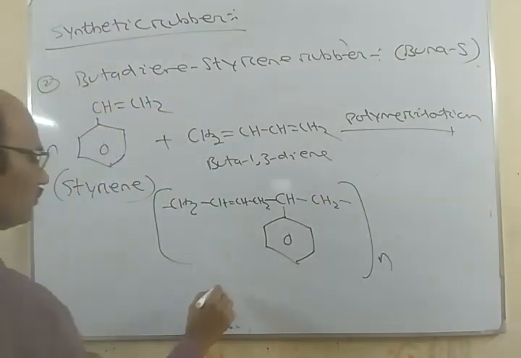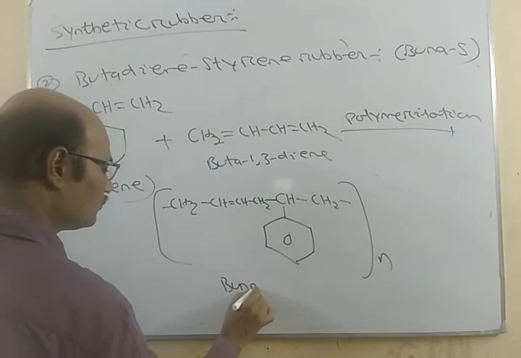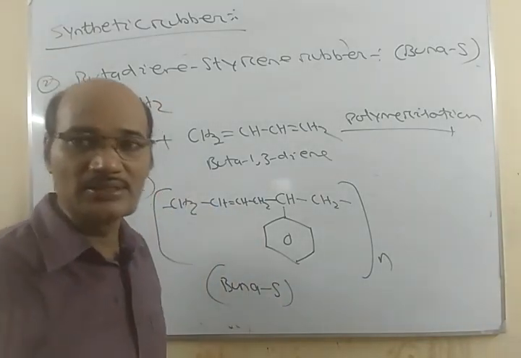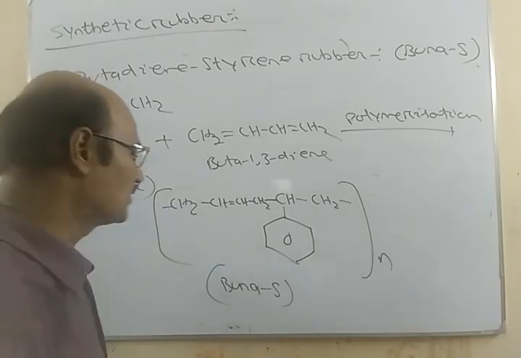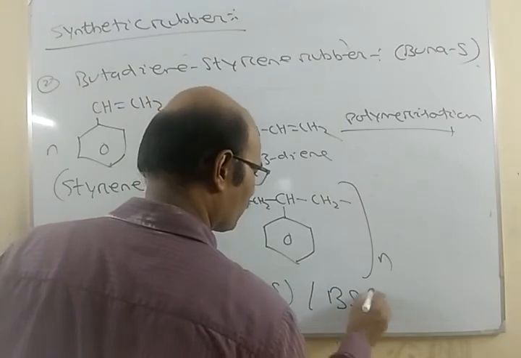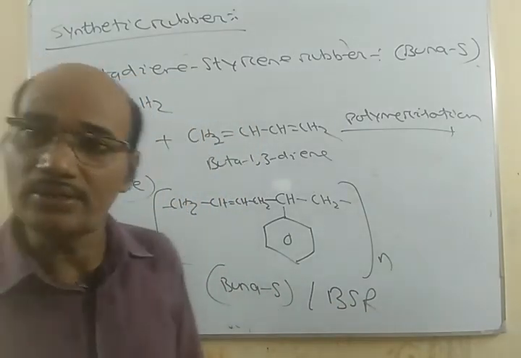This is called Buna S, or butadiene styrene rubber, also called BSR.